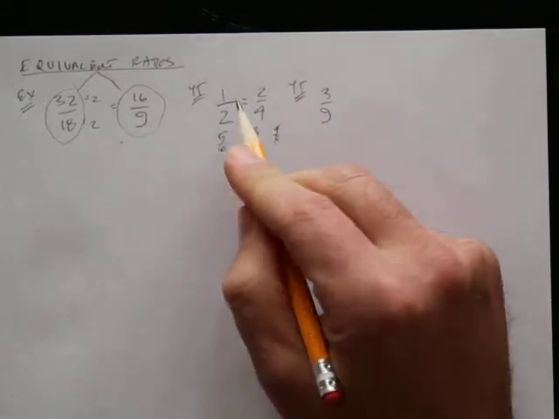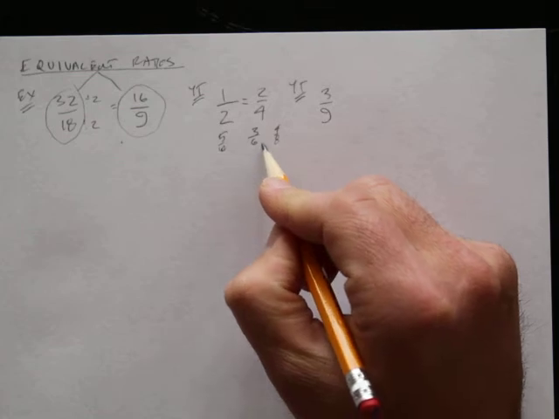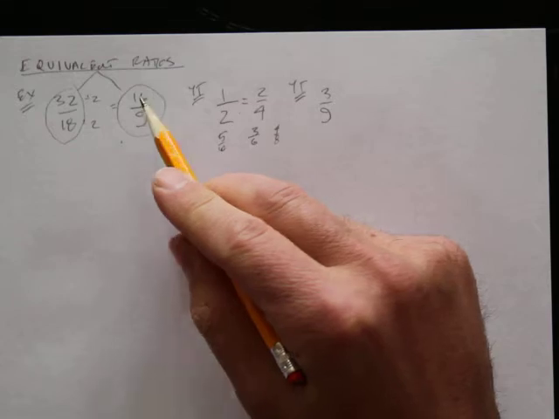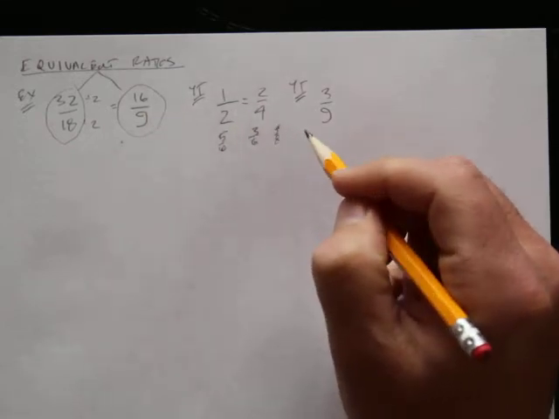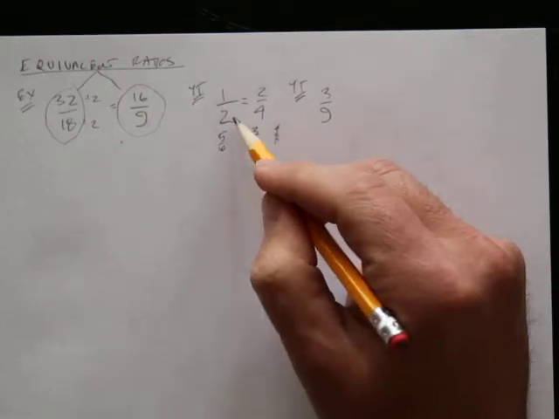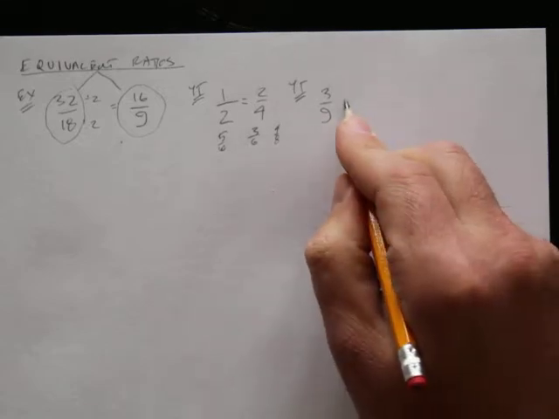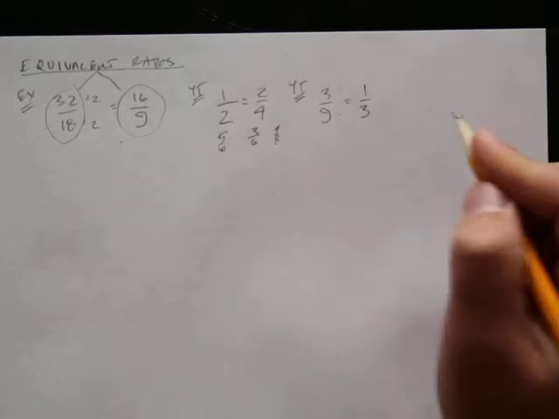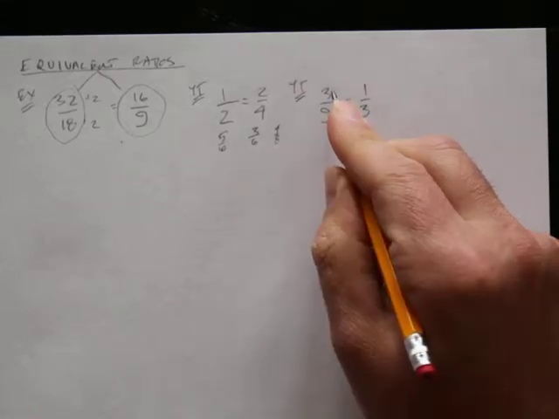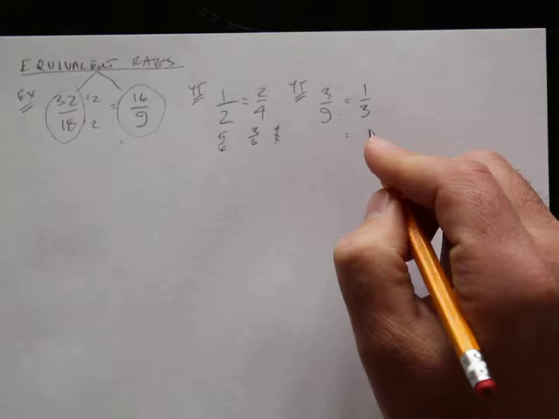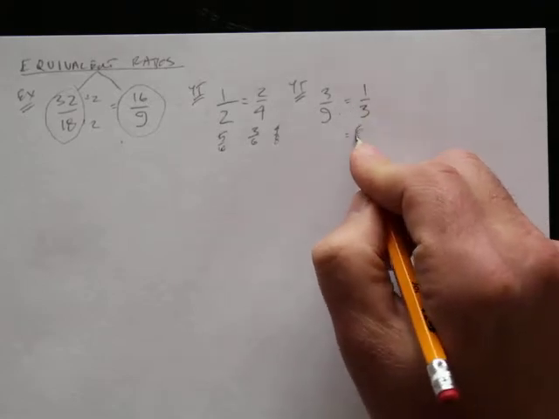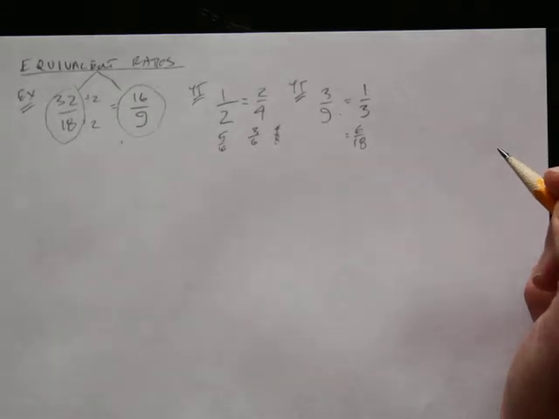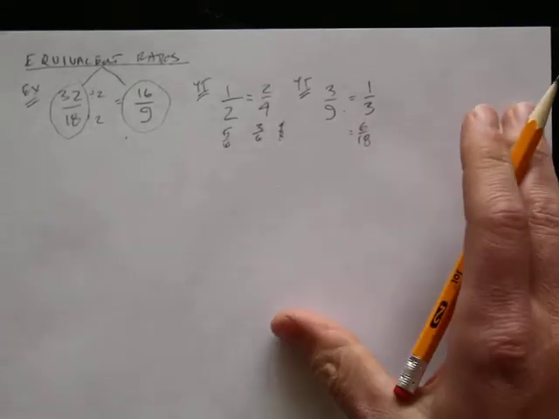You can get all of these different things, many possibilities for your answer here to get an equivalent ratio to 1/2, or 1 to 2, or 1 over 2. 3/9, if I divide the top and the bottom both by 3, I get 1/3. You might multiply the top and the bottom both by 2 and get 6/18. These are all equivalent ratios here. All right, let's keep moving.